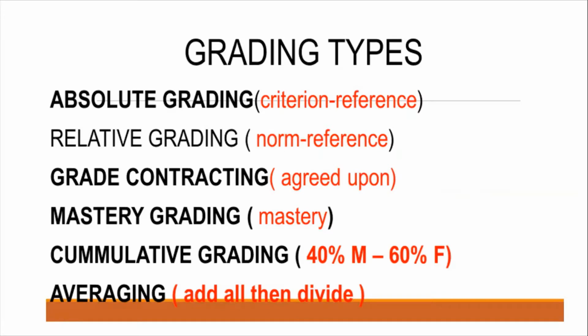Then we have cumulative grading, like for the midterms, it's just 40% of the grade and 60% is the final grade, and it will comprise the final grade. And then averaging is adding all the quarter grades and then dividing by 4 if you have 4 quarters.